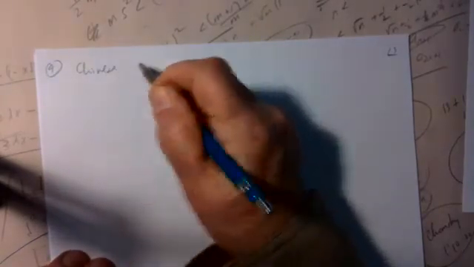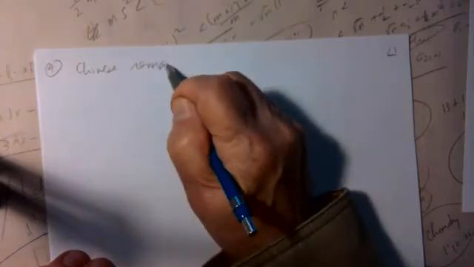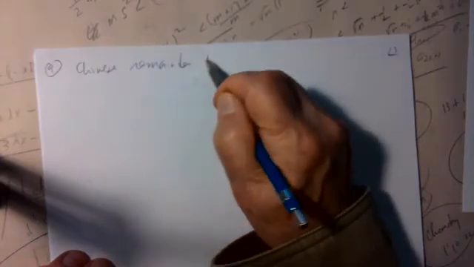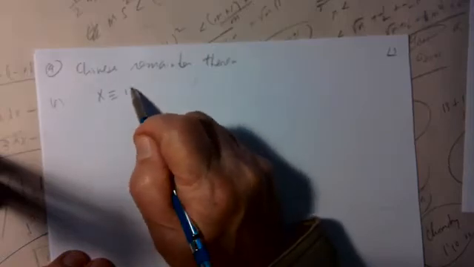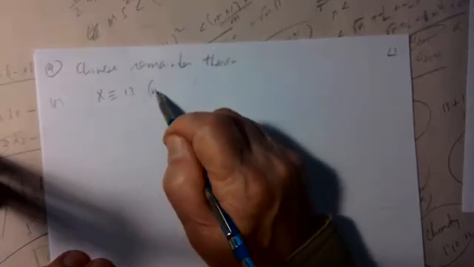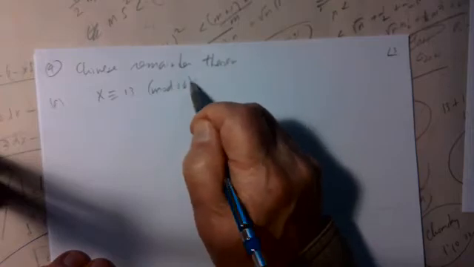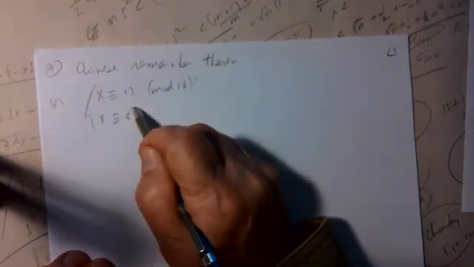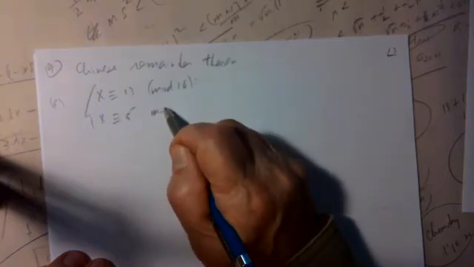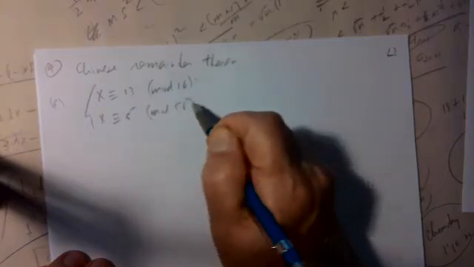Problem 4, this is an application of the Chinese remainder theorem. So in part A, we want to solve the congruences x congruent to 13 mod 16 and x congruent to 5 mod 56.